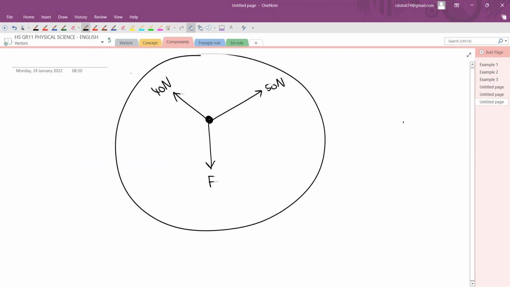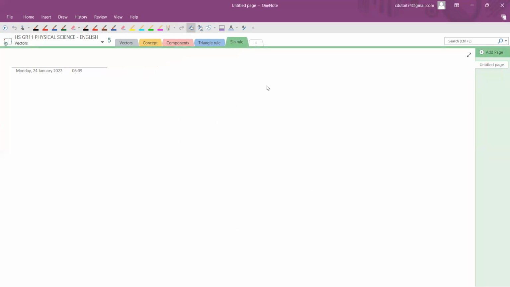And then they are in equilibrium. And then there's 2 methods to determine the resultant vector, or the tension in a rope, or if I want to determine what this force is, there's 2 methods of doing it. And I'm going to show you how to do that. That's new work. Okay, but before we can do that, there's a little bit of trigonometry that we must be able to do first. And this is very important today.